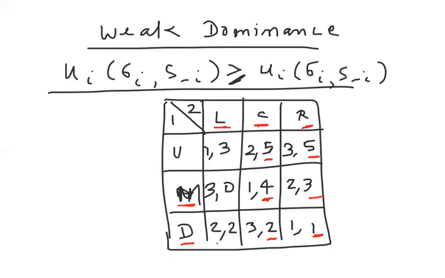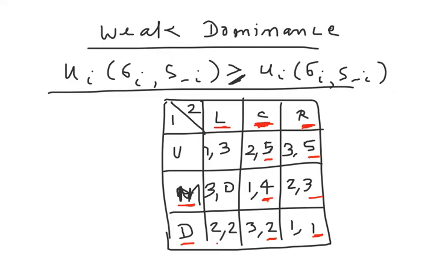So we can't say that C strictly dominates R, but you can always say that strategy C of player 2 weakly dominates strategy R of player 2, because for any given strategy of player 1, C is as good as R. C results in a strictly better payoff for player 2 relative to strategy R when player 1 chooses middle or down.